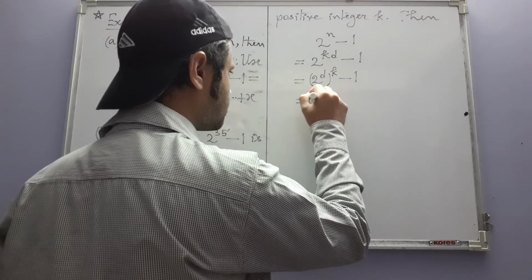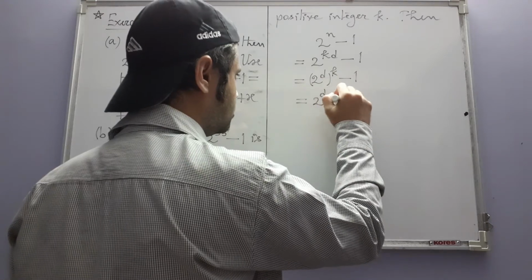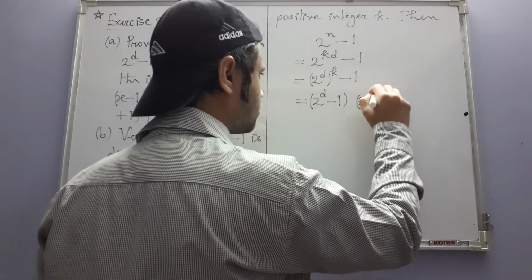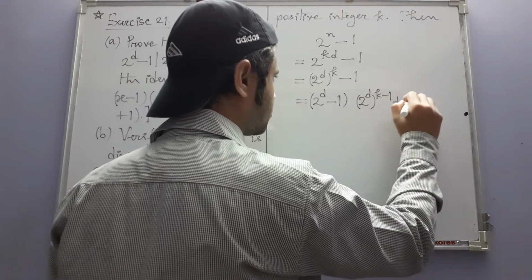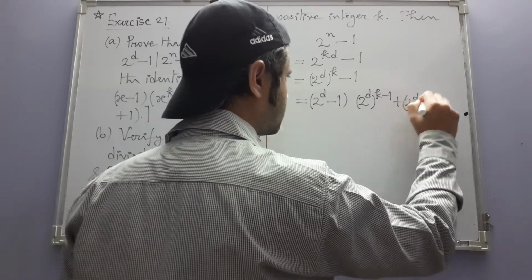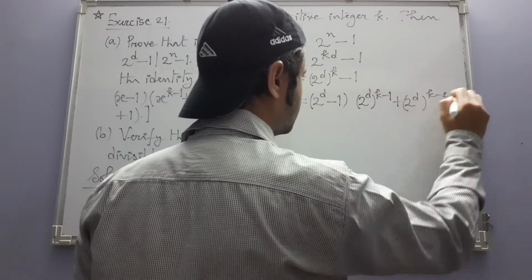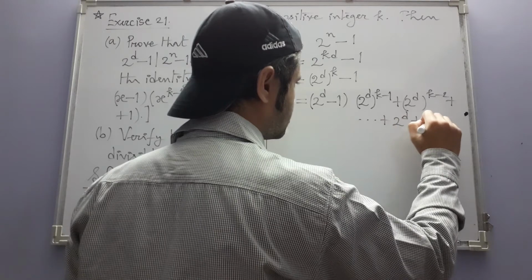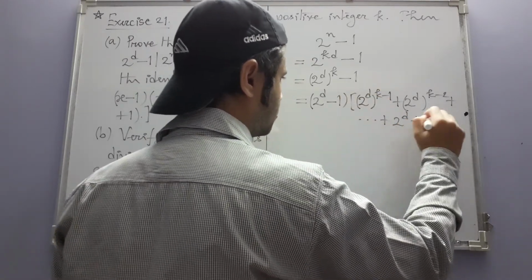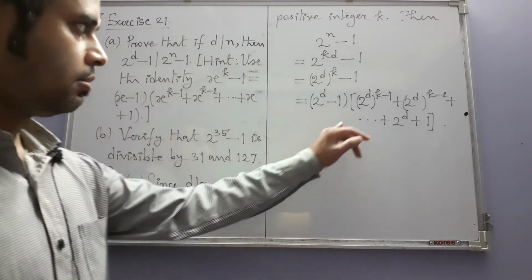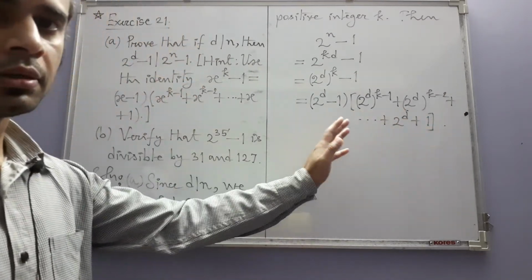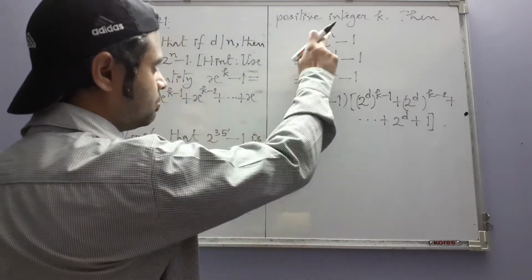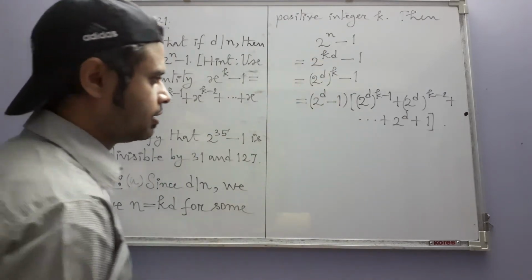So that will give us this times 2 to the power d to the k minus 2 plus 2 to the power d plus 1. Now this of course is an integer, in fact a positive integer.